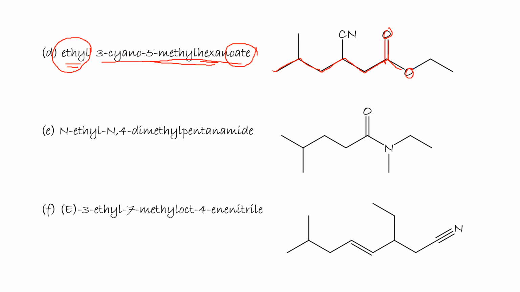Ethyl, that's an ester. Here is 1, 2, 3, 4, 5, 6. 3-cyano, see in here, cyano. 5-methyl, hexanoate, that's it.